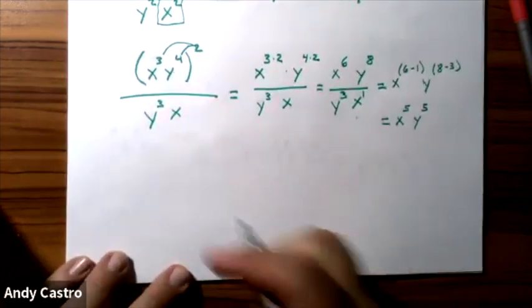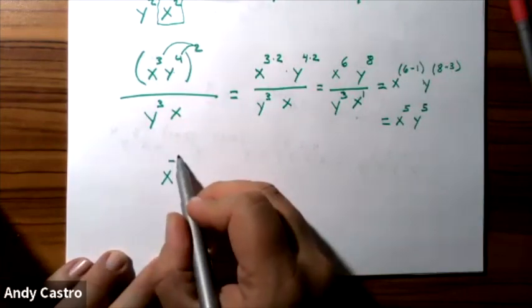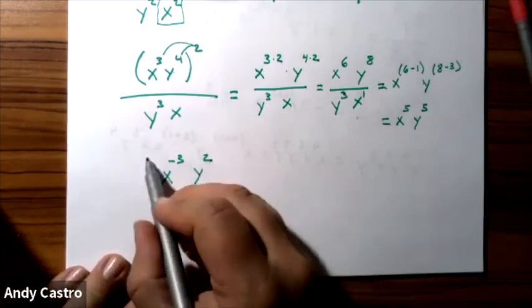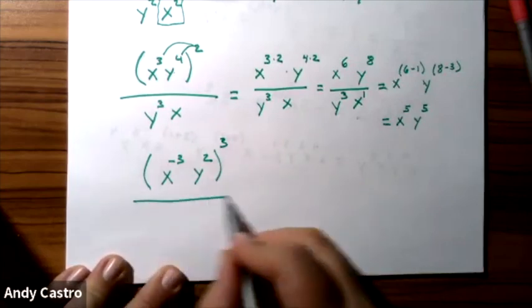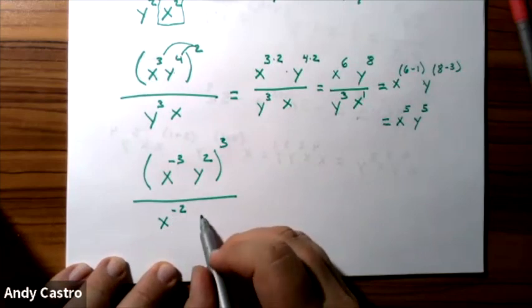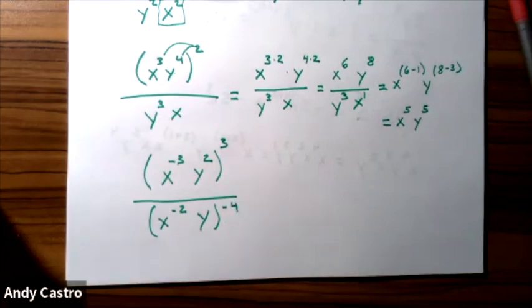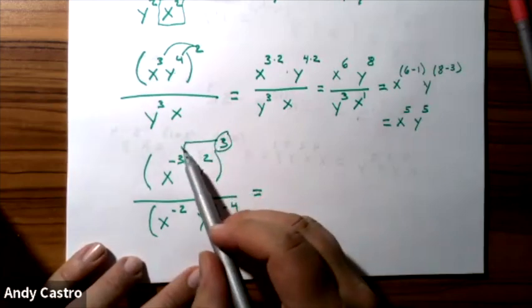All right. Let's do x to the negative 3rd times y squared raised to the 3rd power over x to the negative 2 times y, all raised to the negative 4th power. Okay. I'm going to take this 3 and multiply it in.